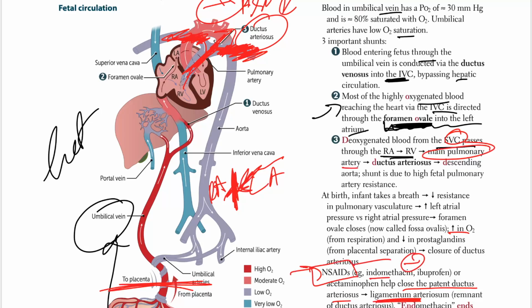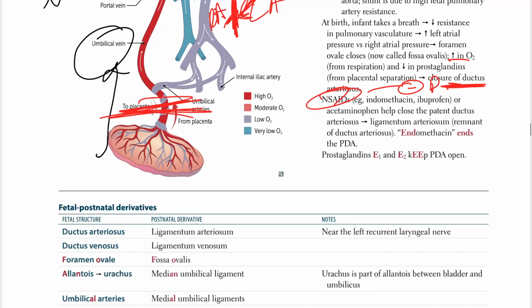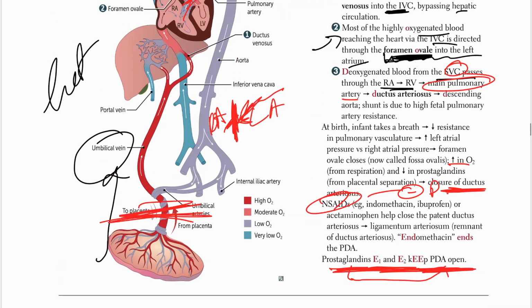They're inhibiting the same prostaglandins, which normally you would not have once the placenta is cut away. So we're giving NSAIDs to inhibit those prostaglandins to close this ductus arteriosus. PGE1 and E2 keep the PDA open. Prostaglandins are the ones which keep the PDA open.